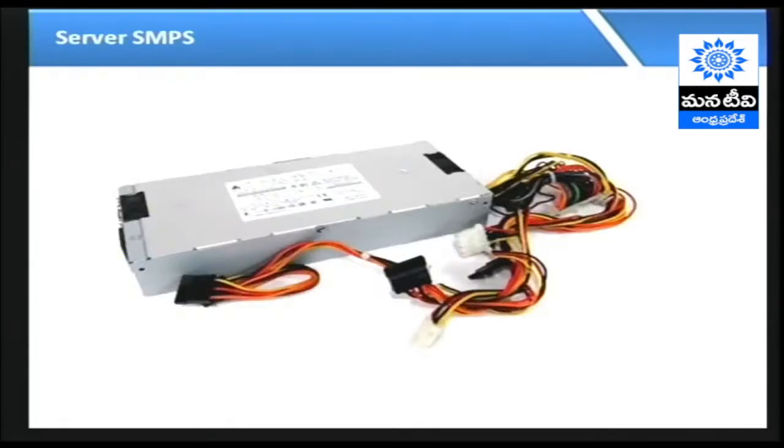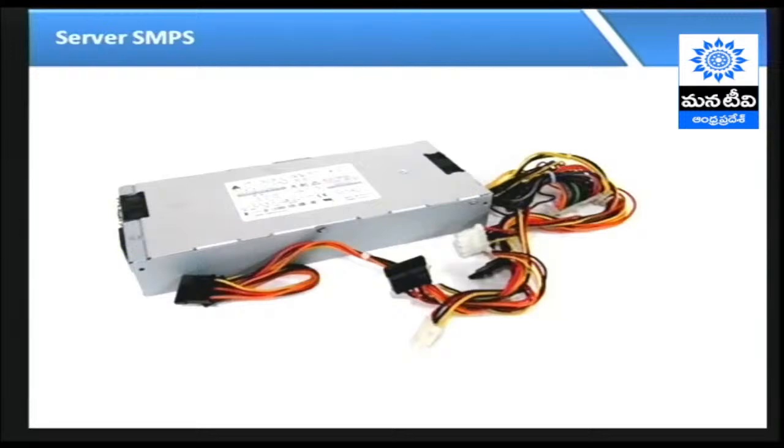On the screen you can see one more type of SMPS. This type of SMPS is generally used on server hardware platforms. Desktop SMPS is different, server SMPS is different. In desktops you can recognize only one SMPS. If that one and only SMPS is crashed due to power fluctuations, the computer will never start normally.